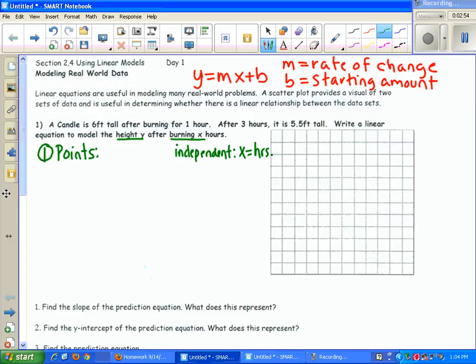And our dependent variable is our y, which in this case stands for the height. And we're talking about the height in feet.